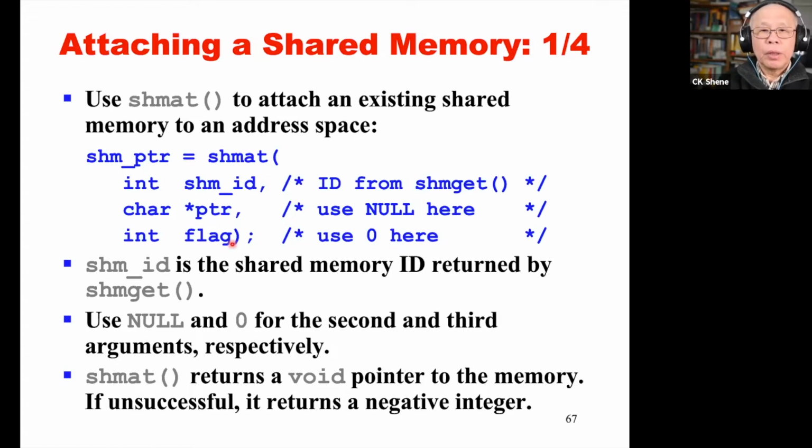After you allocate a shared memory, shared memory get returns you a shared memory ID. Then you have to pull the shared memory into your address space. To do so, you call shared memory attach with the shared memory ID returned from shared memory get, a null, and a 0 here. If it's successful, shared memory attach returns you a void pointer to the shared memory.